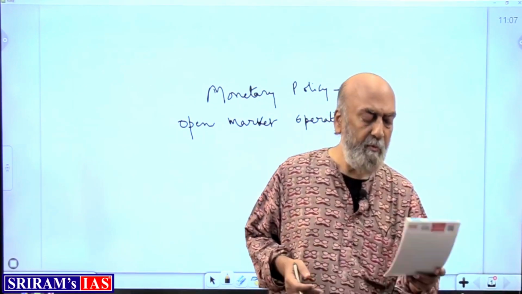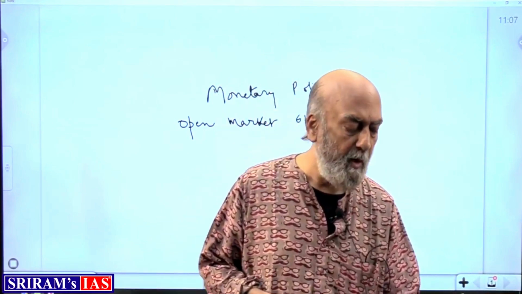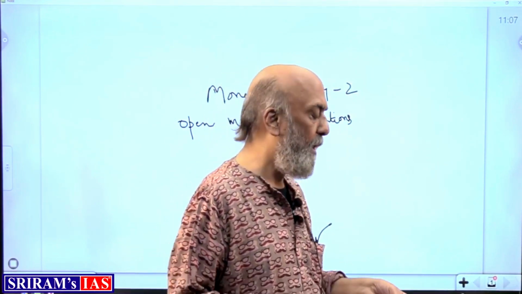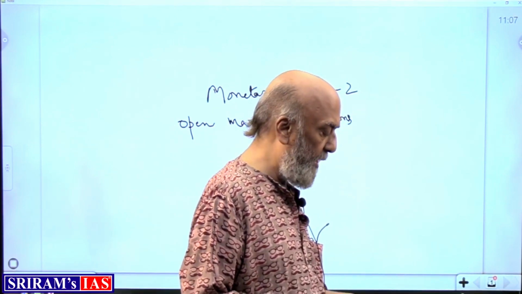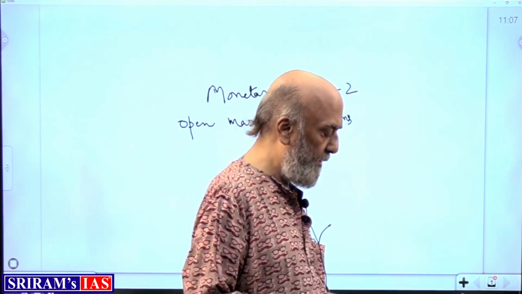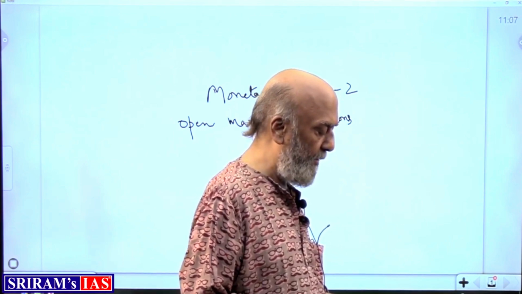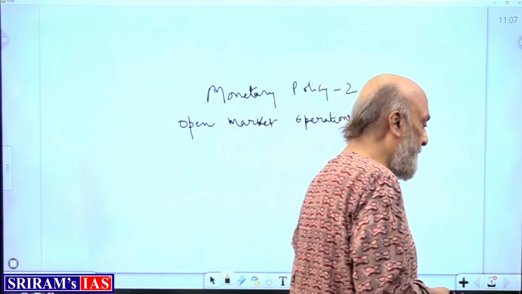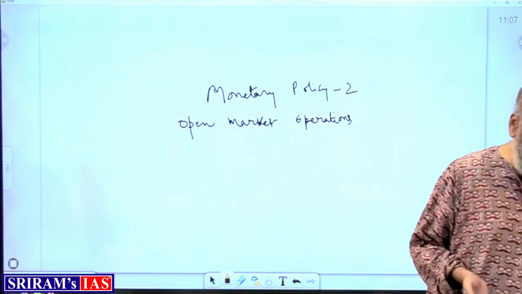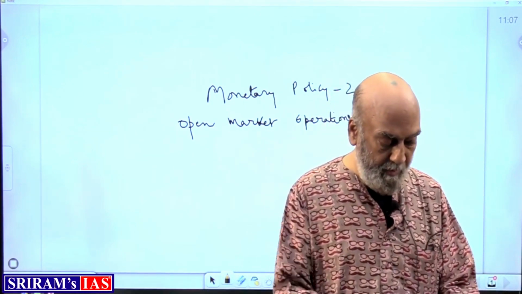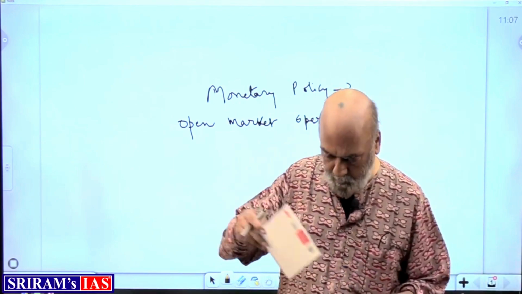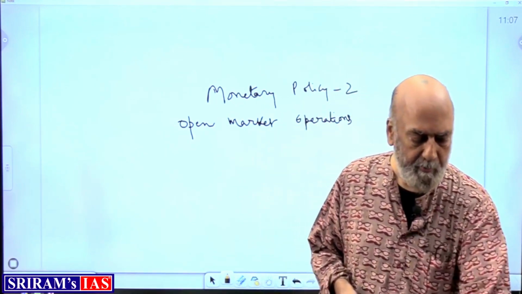So what are you doing with this government security that you have purchased? You are keeping it with me as a collateral. Whereas another choice you also have: you can sell it to me. Or I can produce government security and sell it to you.